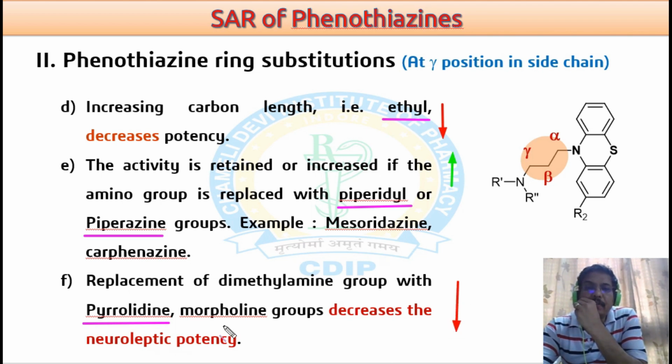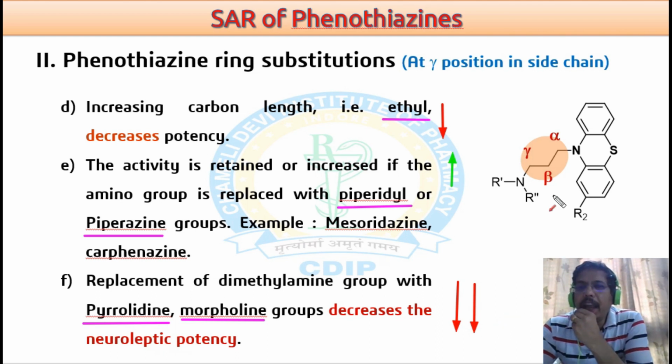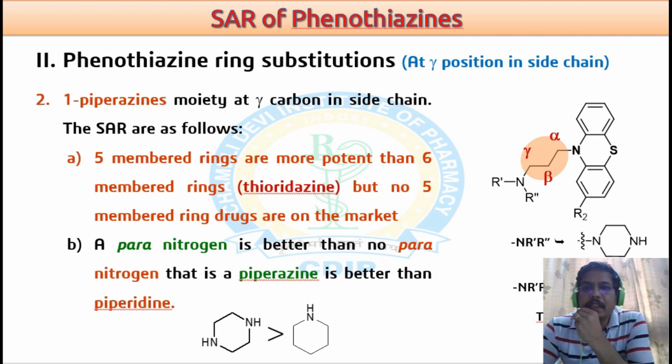Similarly, if we change it to morpholine, which is 6-member, it contains nitrogen on one side while on the other side it contains oxygen. Again, the activity decreases, especially the neuroleptic or antipsychotic activity. So this type of change takes place when we go for modification on the gamma carbon.